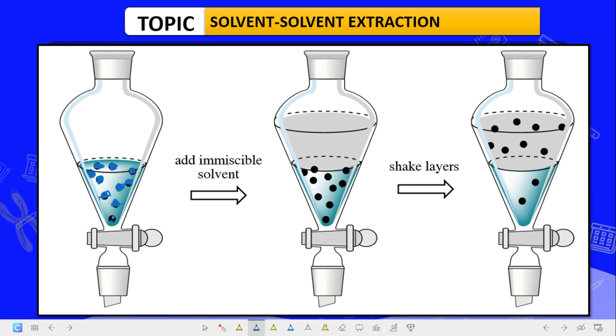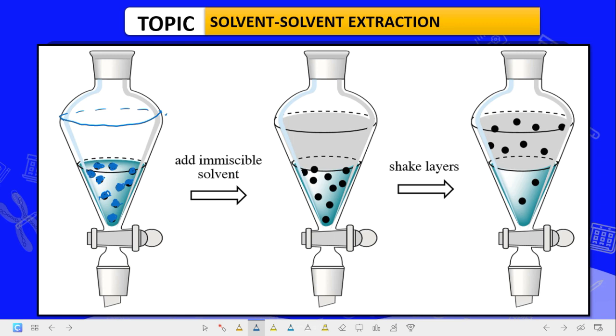One way to separate them out is to add another solvent, which they added here in this case. Add another solvent that is immiscible with the solvent that was there before, but can actually take some of these particles from here.